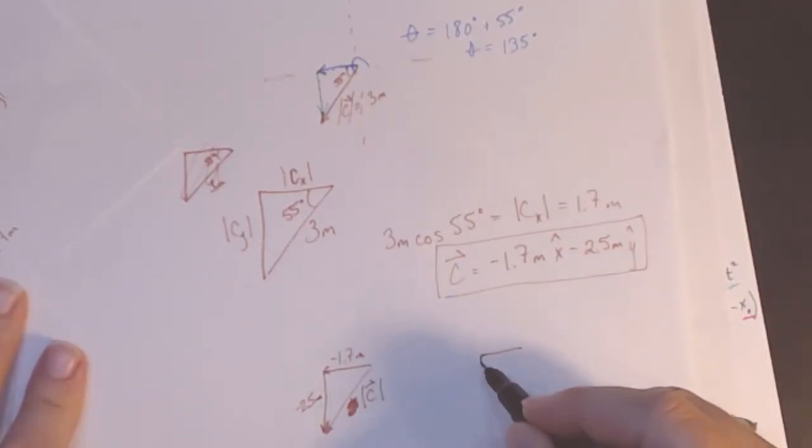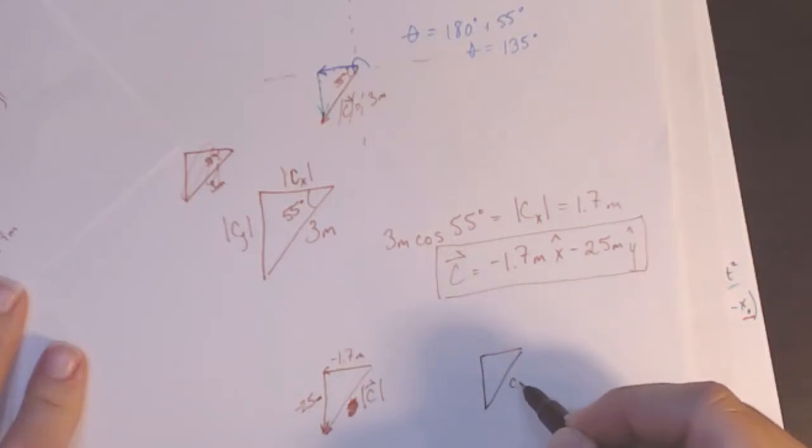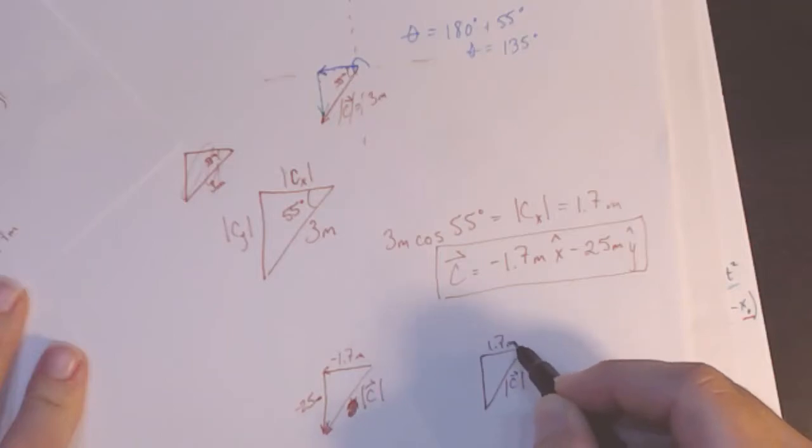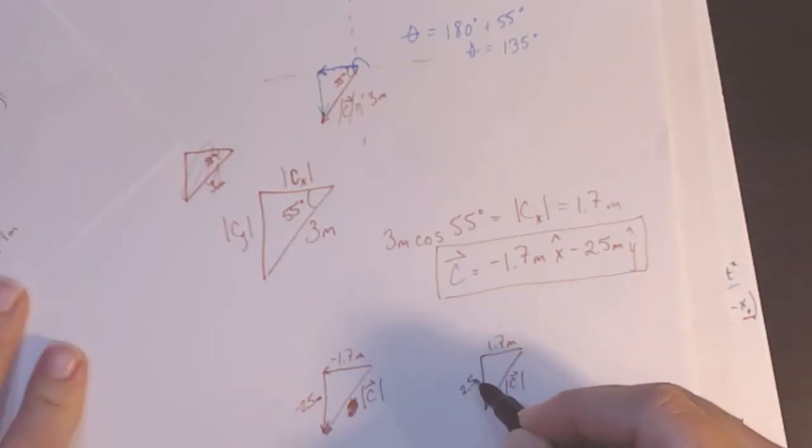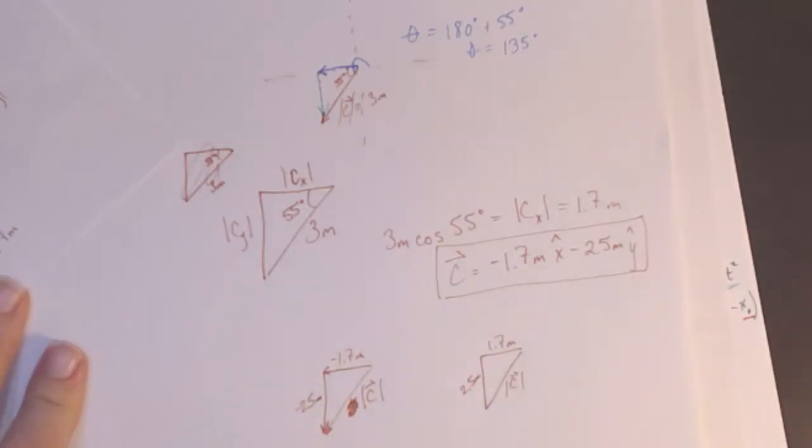So you can just think of this as a triangle again, with C as the length, and just make these positive. It's just a triangle, so they wouldn't be negative, just side lengths then.